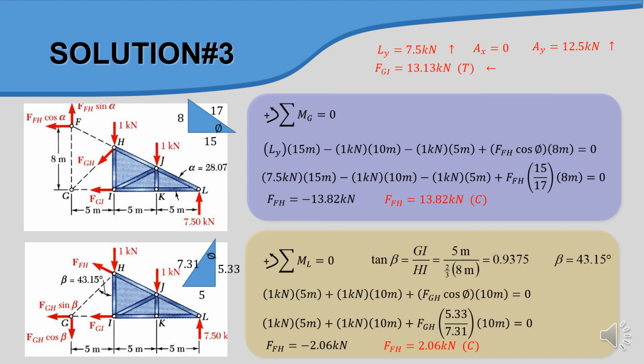This one is by using cos theta. Finally the value is negative 2.06, and the correct answer for FGH is 2.06 kilonewton, which is in compression.